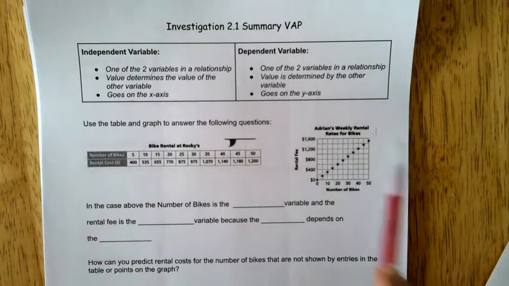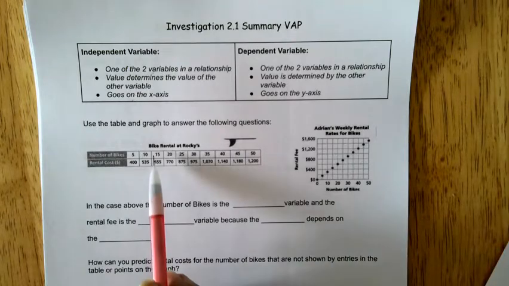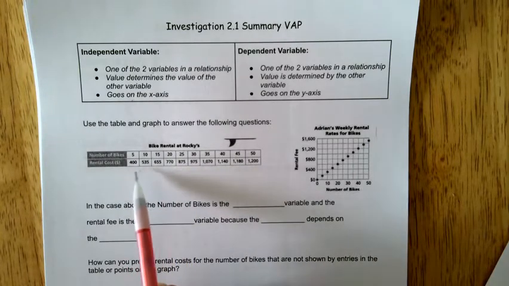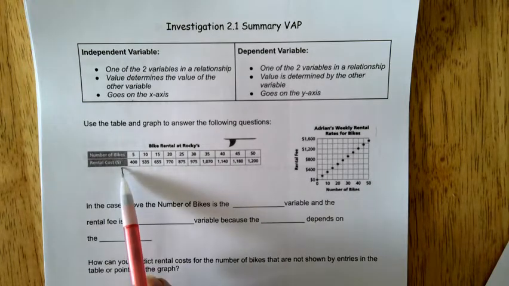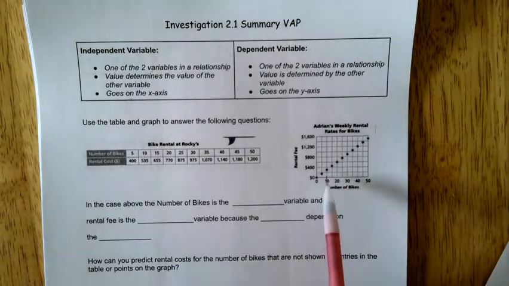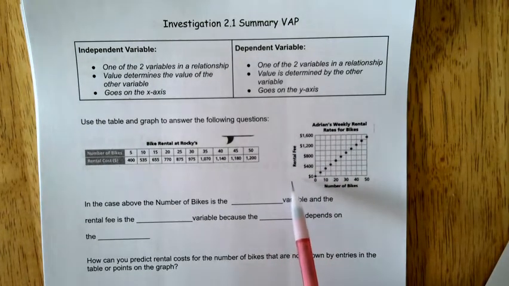So in our investigation today, we were looking at the two different bike shops. Here we had Rocky's bike rental, and it was put in a table format, and we had Adrian's bike rental shop, and it was put in a graph, and we were investigating both and comparing both.